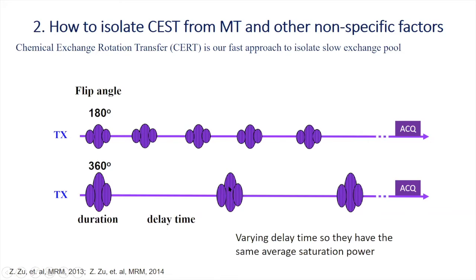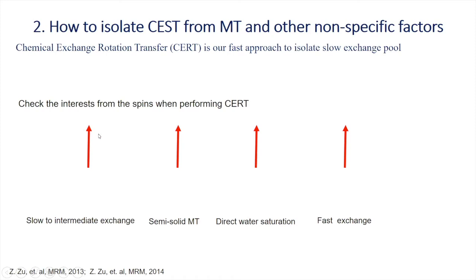Now let's see what's happening when we perform the sequences. Before that, let me introduce several spins which represent the major tissue components. The first spin represents the slow to intermediate exchange. This includes the amide, which has an exchange rate less than 100 Hertz and belongs to the slow exchange region.